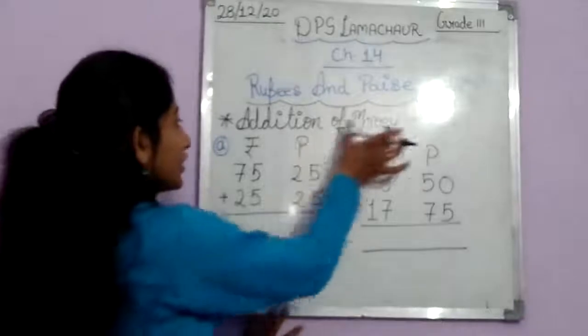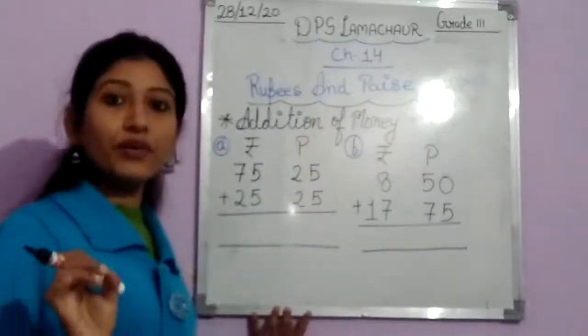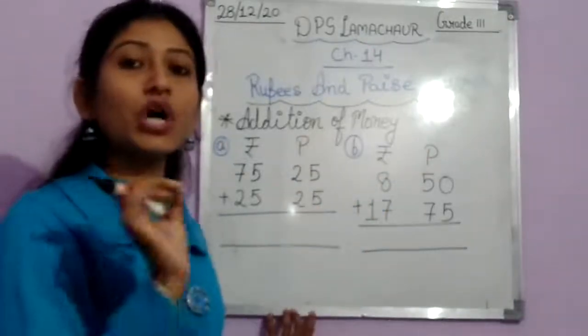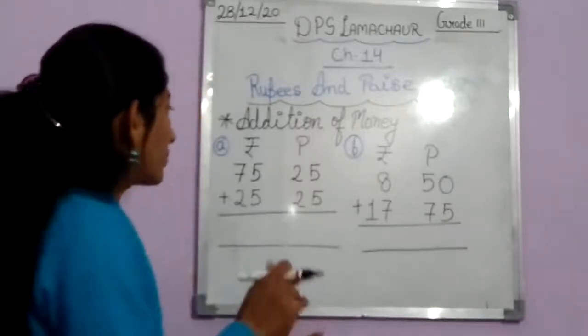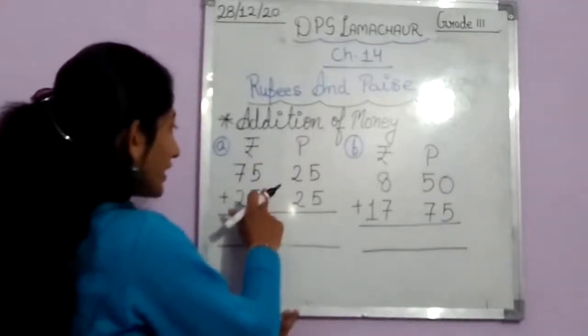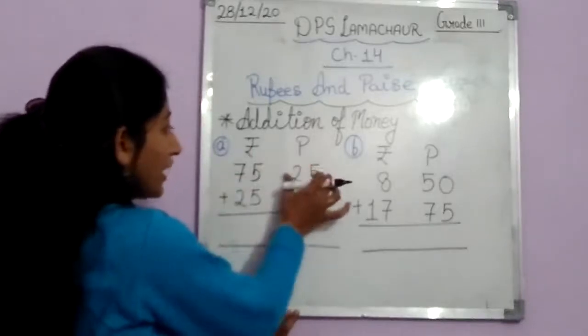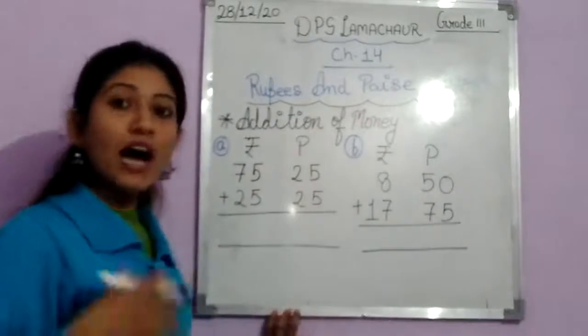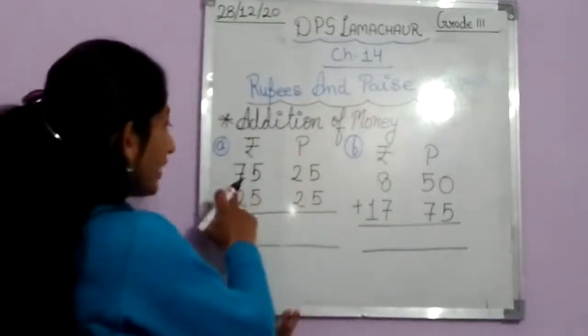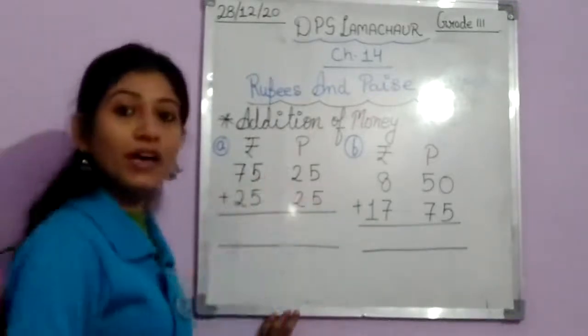Now students, you can see that here I have written two additions. Addition of money, where we have to add rupee and paisa. You can see I have written 75 rupee 25 paisa and 25 rupee 25 paisa. How do we know that this is 75 rupee and this is 25 paisa?